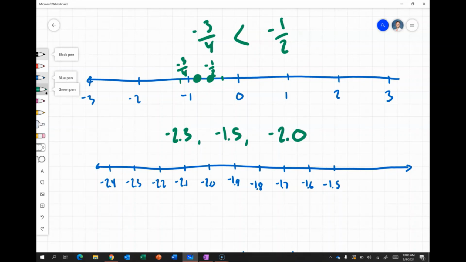If we graph these three points, here's negative 2.3, here's negative 1.5, and here's negative 2.0. From least to greatest, farthest to the left is always going to be the least. So from least to greatest, we'd have negative 2.3, followed by negative 2.0, and finally negative 1.5.